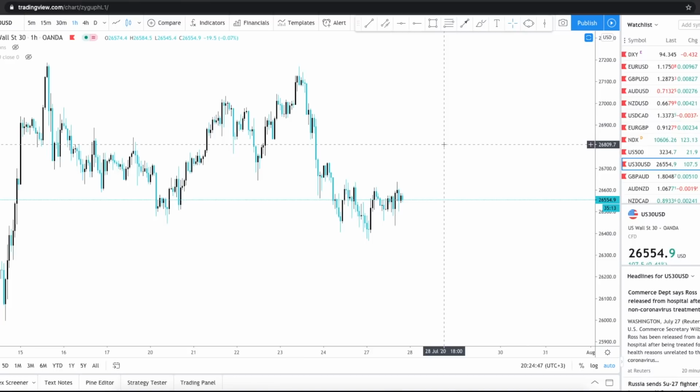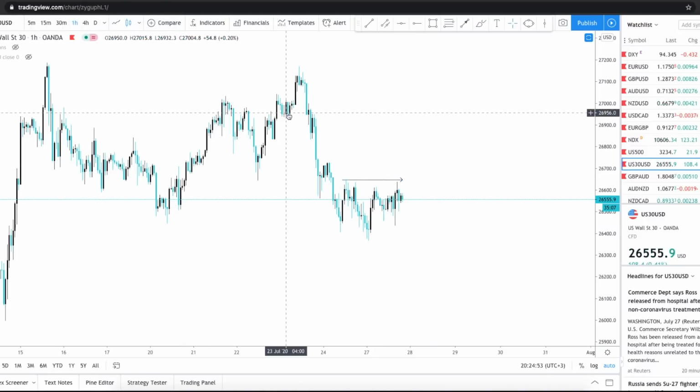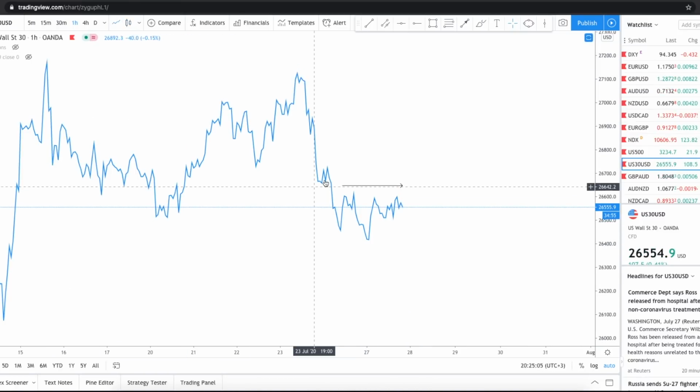US 30, I can see that it is still within this area, and it's bearish. Even though US 500 is bullish, US 30 is bearish. Why? Because not only is it creating lower highs, lower lows, lower highs, lower lows, it is also breaking the previous structure.